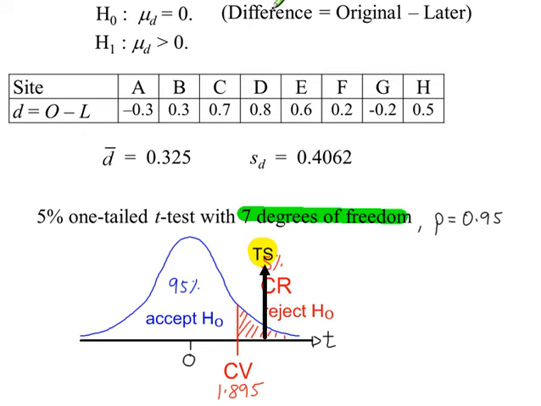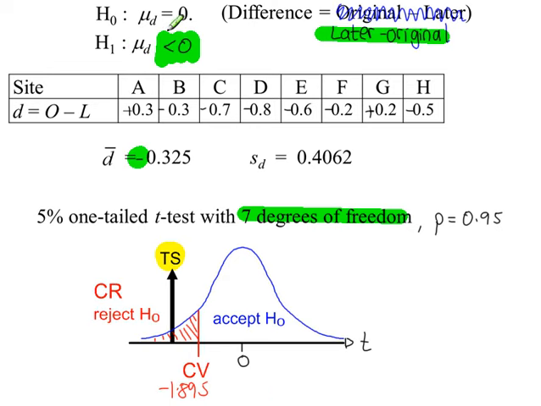So it didn't make any difference whether you did original minus later to have positive differences to test the right hand side tail of the t-distribution, or the mean difference is less than 0 for a negative mean difference for the sample, and being on the left hand side for the critical region in the t-distribution. Doesn't make any difference.